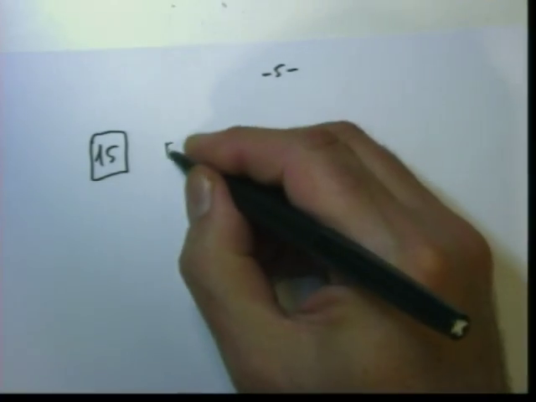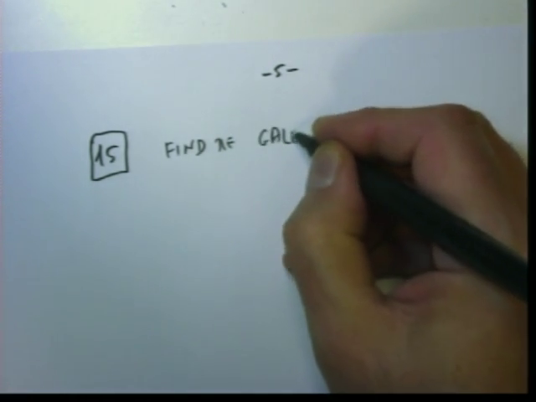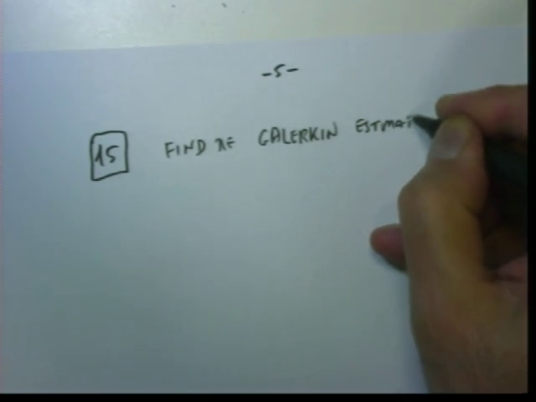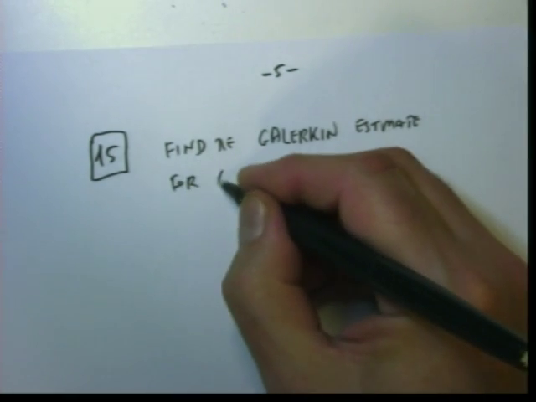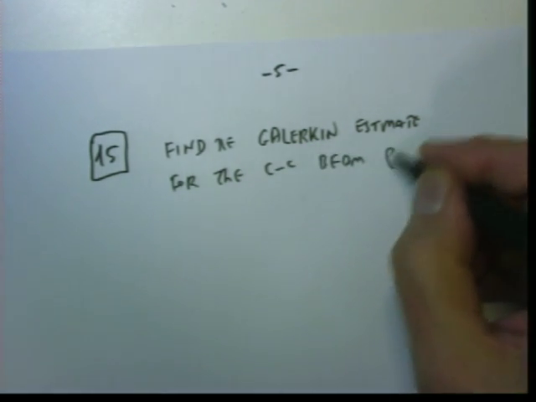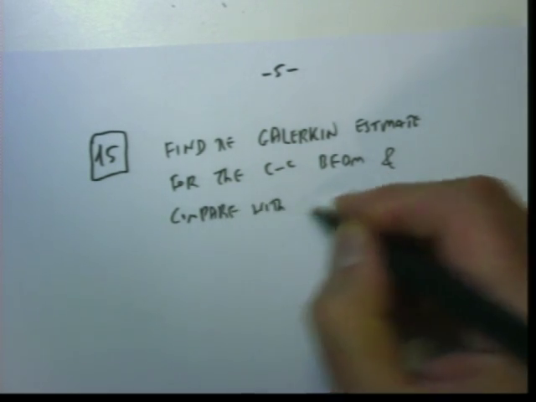When I'm assigning 2 homeworks or 3 homeworks within one set, that is the whole set. You don't assign special number to every homework. Okay. Find the Galerkin estimate for the clamped beam and compare with exact solution.